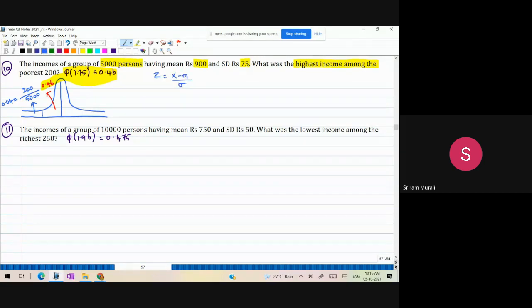Is it negative or positive? Negative, sir, because the poorest always falls in the left hand side. So x minus 900 by z value, negative; area is not negative. This implies the poorest salary is 768.95. That is the highest income in the left hand side.